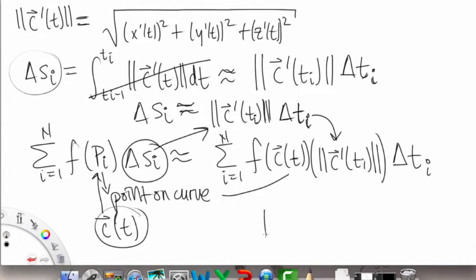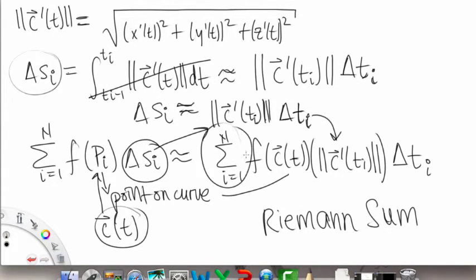Also, just because it's good to know, this is another variation of the Riemann sum, or an application of it. This is a Riemann sum because we're adding stuff up, right? And it converges to the following.